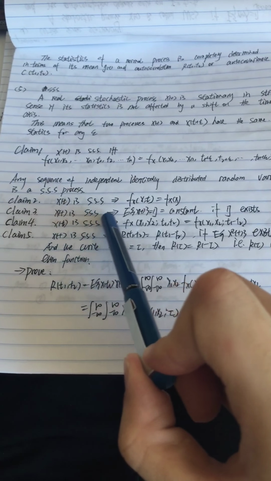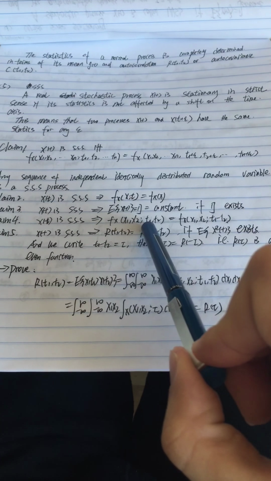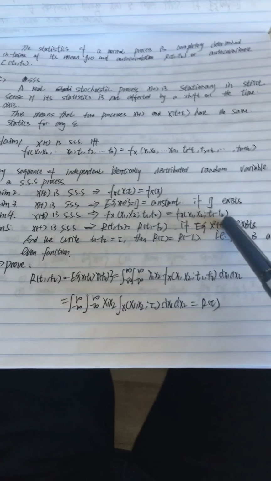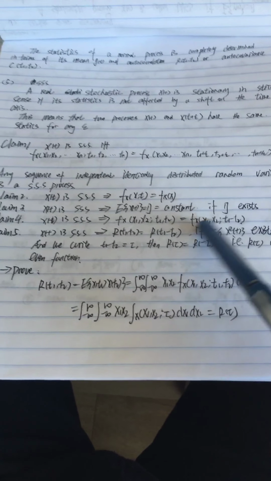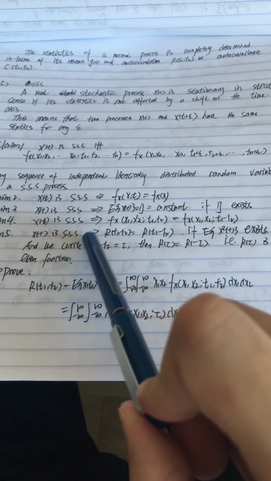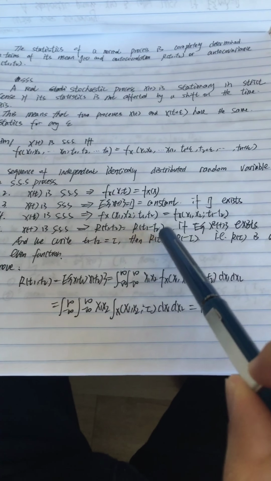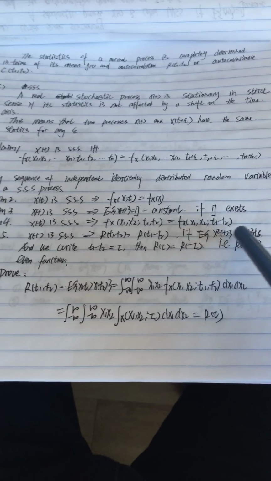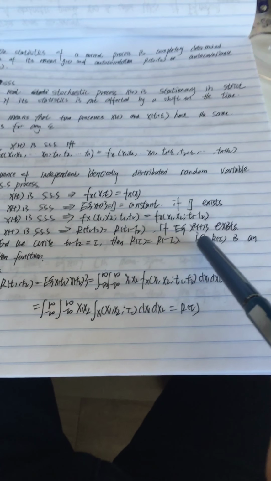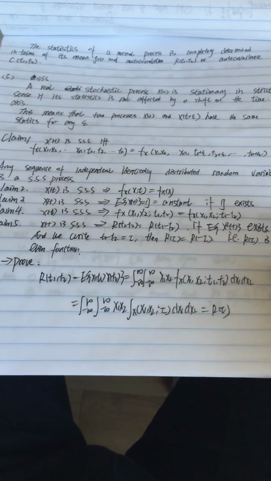The third property: if x(t) is SSS, then the autocorrelation R(t1, t2) is equal to R(t1 minus t2). If the mean of x squared(t) exists, we can write this in terms of tau, so R(tau) equals R(minus tau), and R(tau) is an even function. So this is the property of this process.